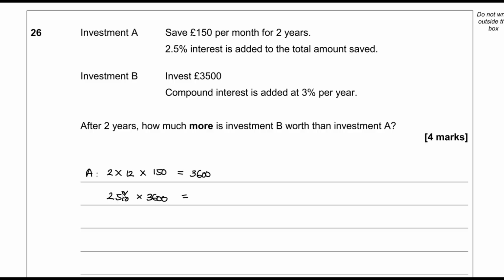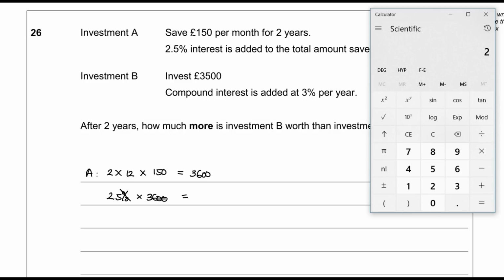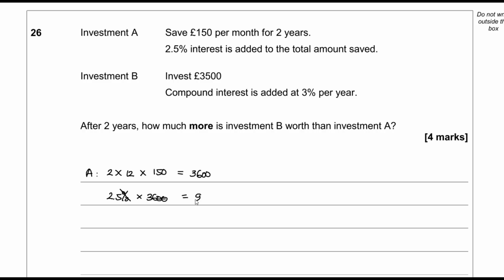So let's cancel this percentage with these 2 zeros, and now 2.5 times 36 is 90. This is your interest. So at the end of the second year, your saving becomes £3,690.